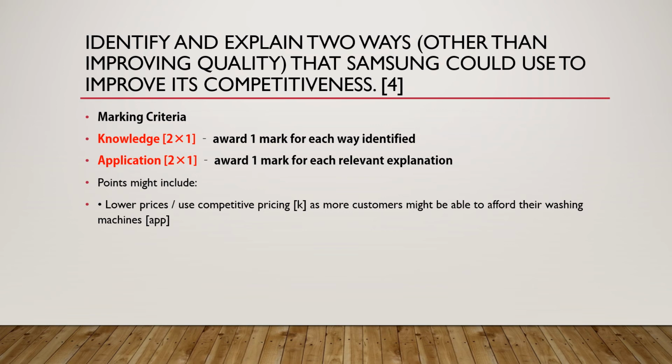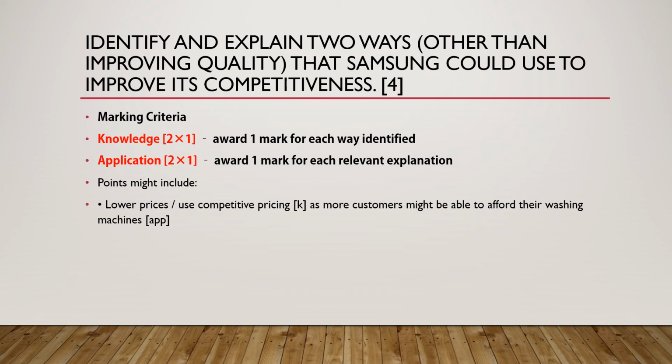This is the content, a point used to improve competitiveness. Now the second part is the development or further explanation, otherwise known as the relevant explanation or the application point. So here an application point is this: more customers might be able to afford their washing machines. If we reduce the price, more customers will be able to buy.